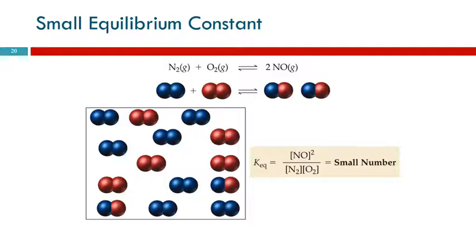Looking at this one where KEQ was a small number, that tells us that the concentration of nitrogen and oxygen is going to be much larger than the concentration of the nitrogen monoxide. And we look at this picture and we see that there's very little of the nitrogen monoxide and it's mostly the reactants. This only goes a little bit, only makes a little bit of product.